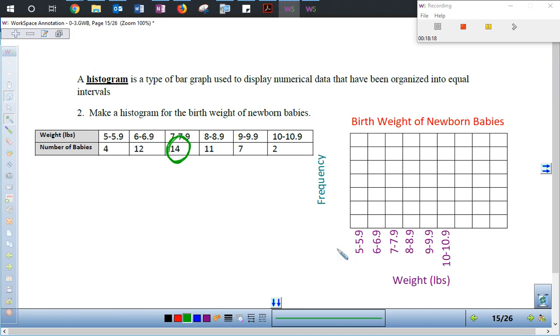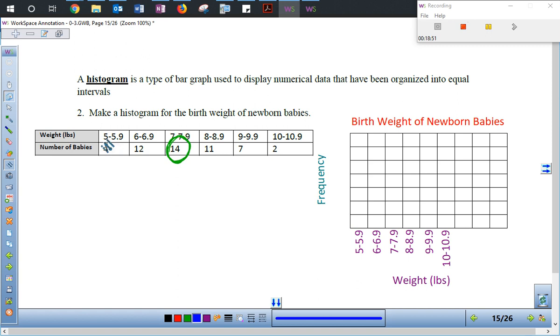Now, before I put the numbers down, I'm going to double check. If I start here at 0, and I count 2, 4, 6, 8, 10, 12, 14. I definitely can get all the way up to 14. So let's start with 5 to 5.9 pounds and get your straight edge out.